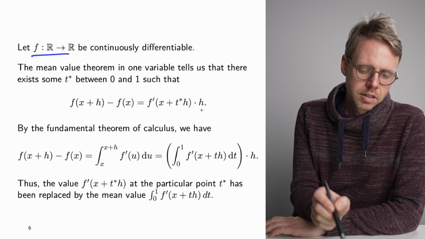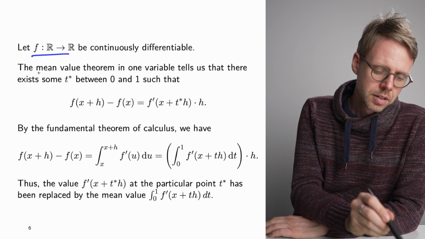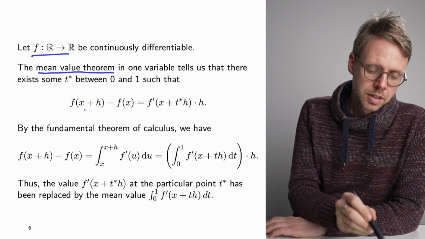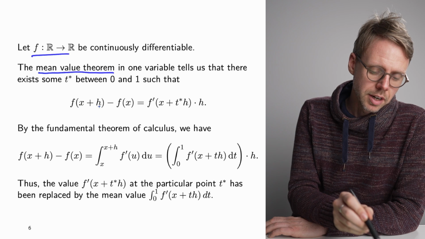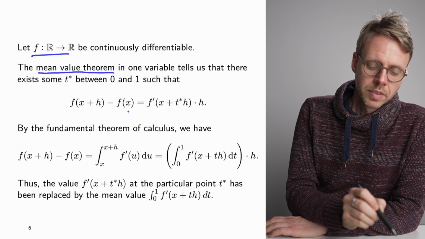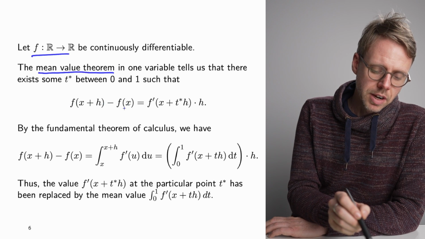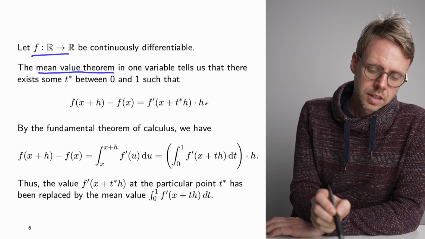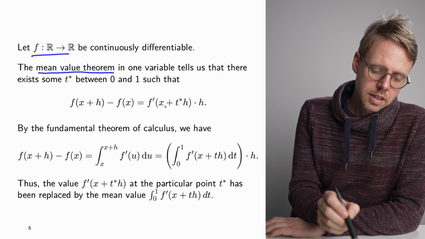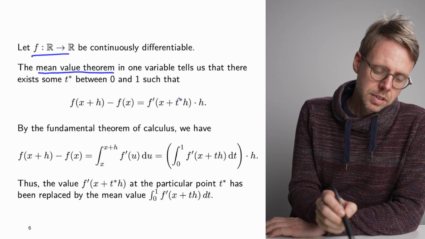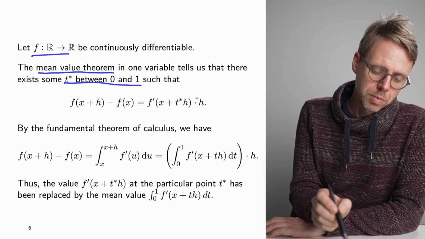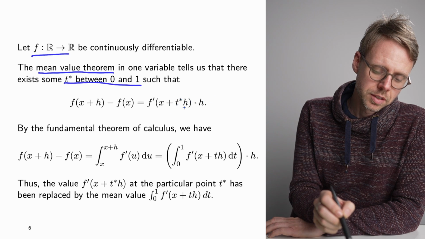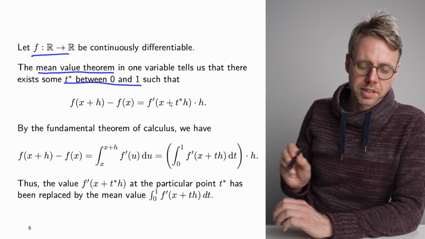Then we can state our mean value theorem. Remember, the 2 boundary points that we look at are x plus h and x. So h is again this difference between these 2 points. Then the ratio between the difference in the function values and the difference equals the derivative at some point x plus some t star between 0 and 1 times h. So this outputs a point between x and x plus h.